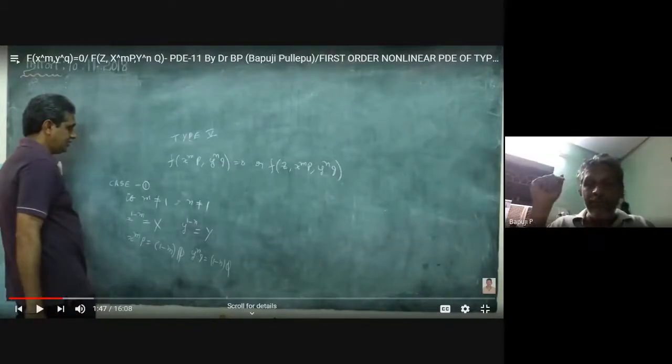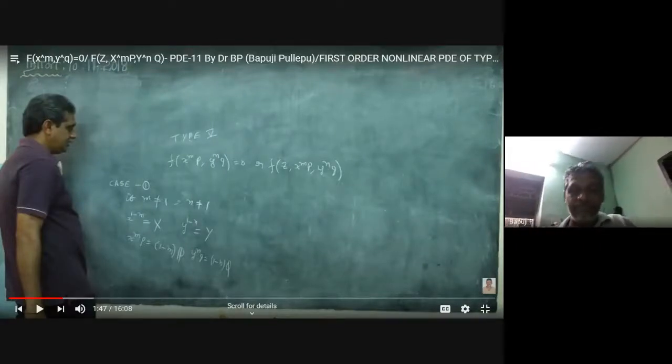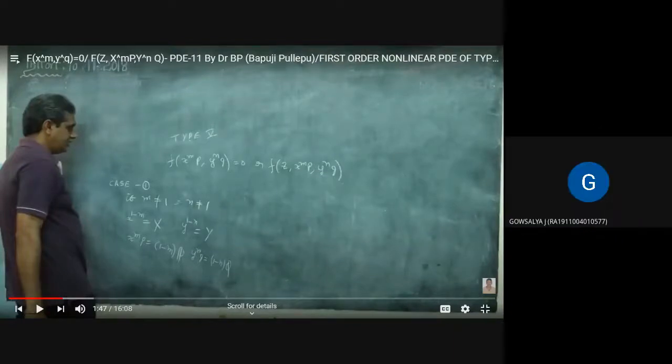My whole problem becomes f of 0 comma 0 and collapses. So what you have taken is wrong. Getting or not? Yes, sir.